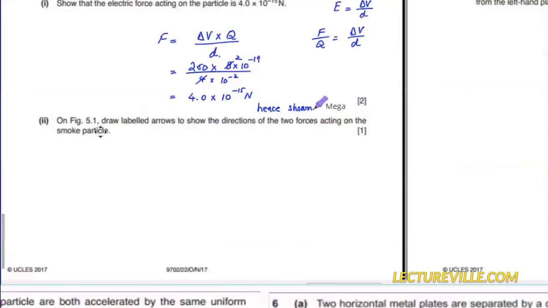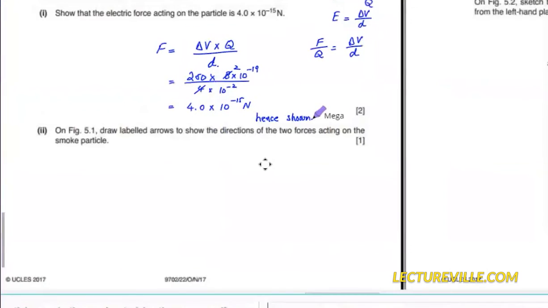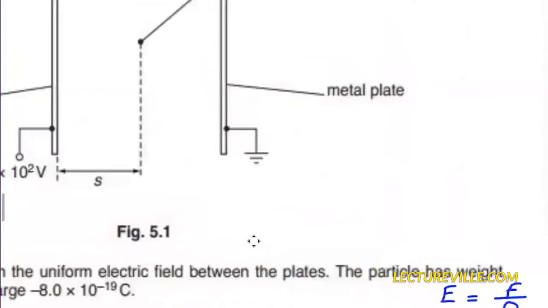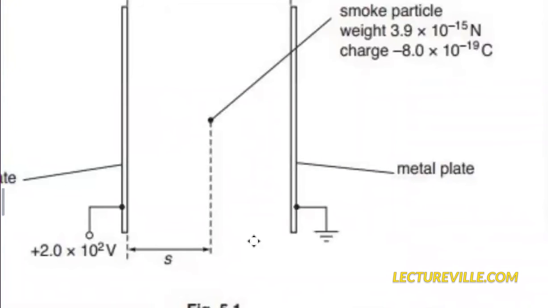On figure 5.1, draw labeled arrows to show the direction of the two forces acting on the smoke particle. Now, one of the forces will be electric force. This one.